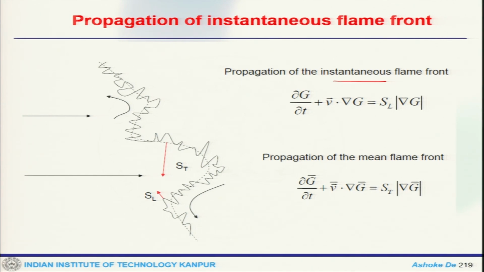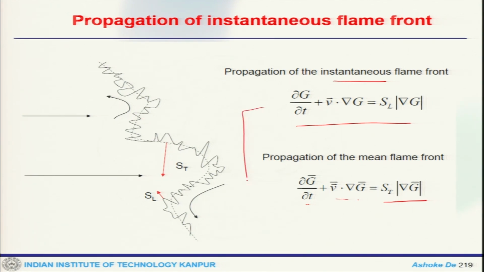We will see the details when we talk about the G equation, and this is how the instantaneous flame front will propagate. And if you look at the mean flame front, then it will be mean G bar, V dot del G, and this would be at the turbulent. So this is our mean flame front, and this is our instantaneous flame front.